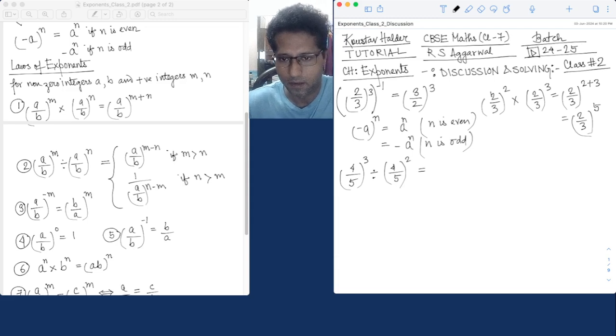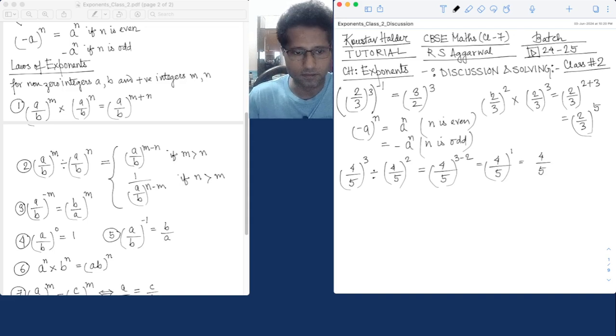So this will be the common base raised to the power m minus n, that is 3 minus 2. This is 4 by 5 raised to the power 1, but anything raised to the power 1 is that number only.